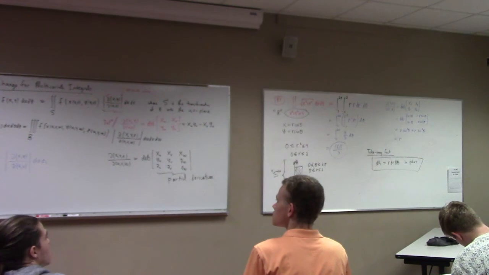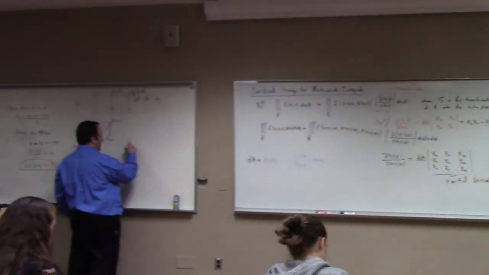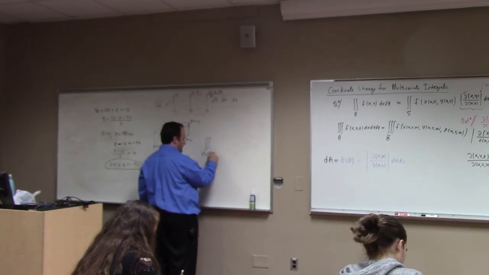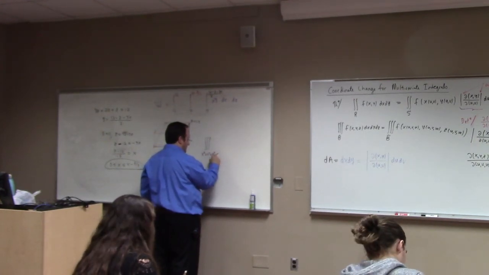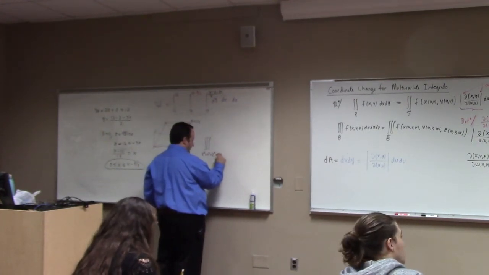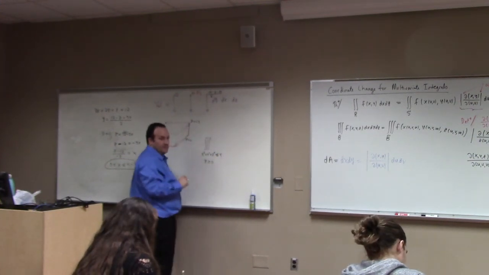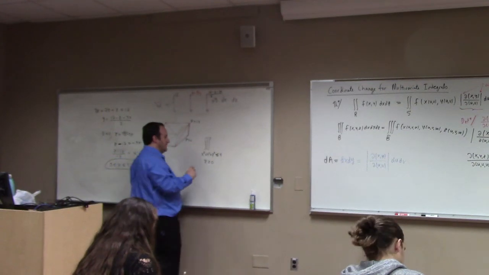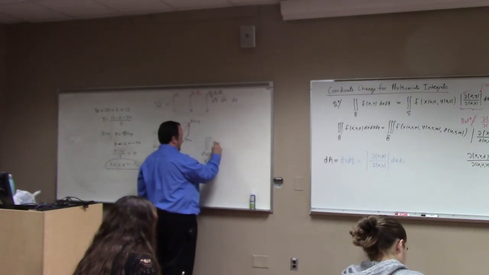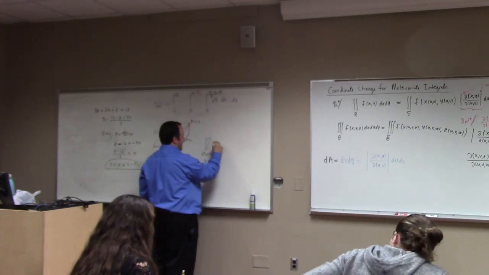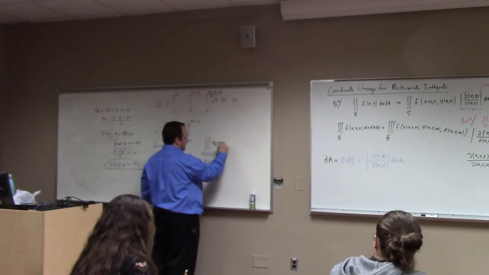Here's another one we could do. If you wanted to integrate over x squared plus y squared plus z squared less than or equal to 4 for z positive, of, let's say, z, dx, dy, dz.